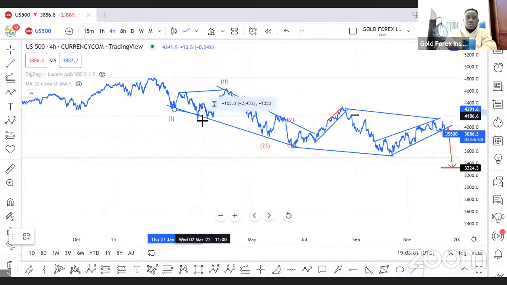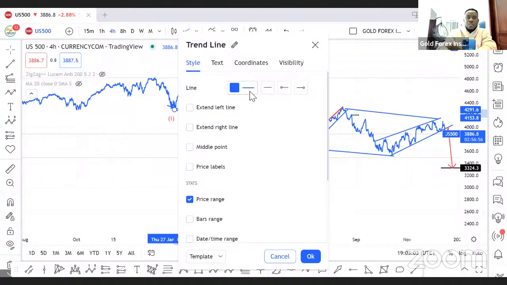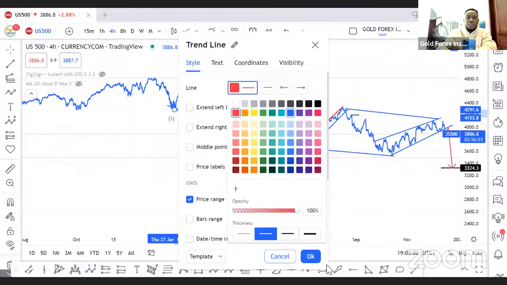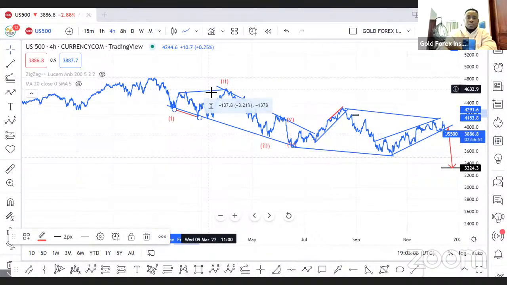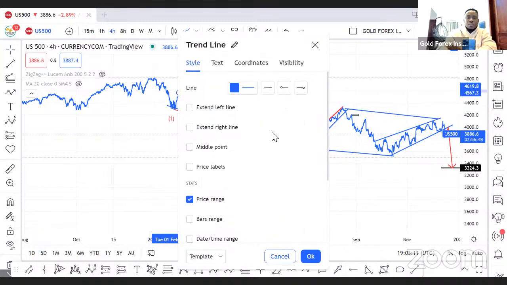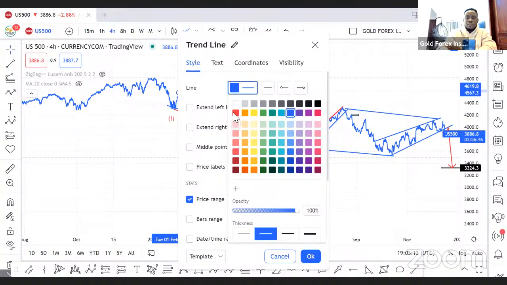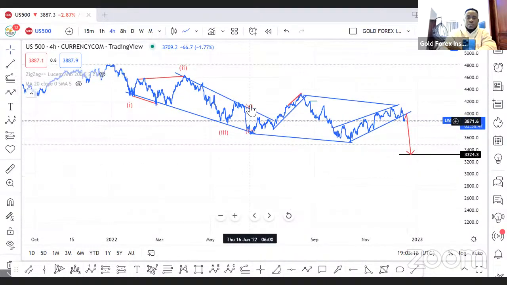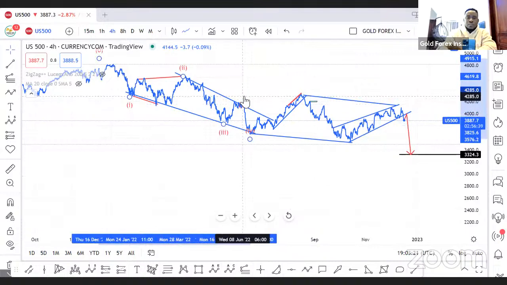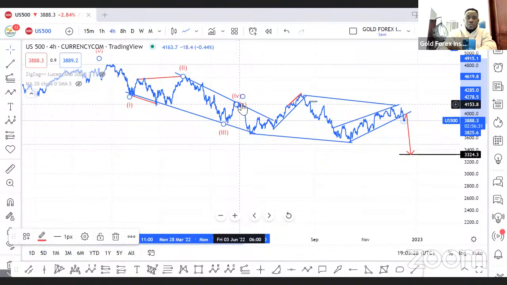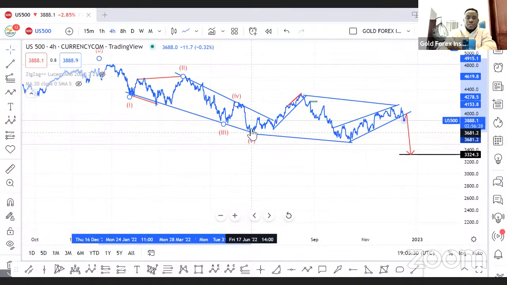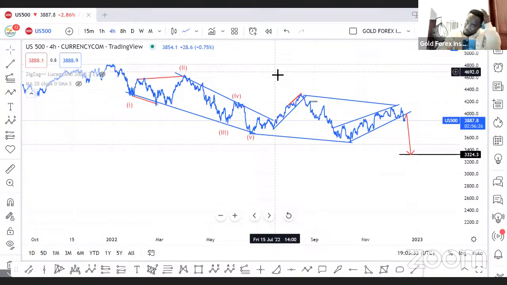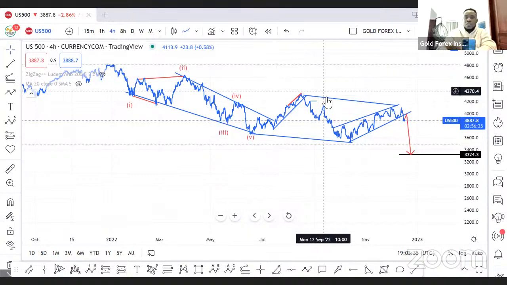So, this is 4. It's 5. Then this will form ABC.